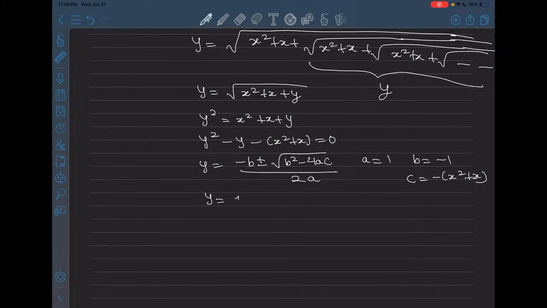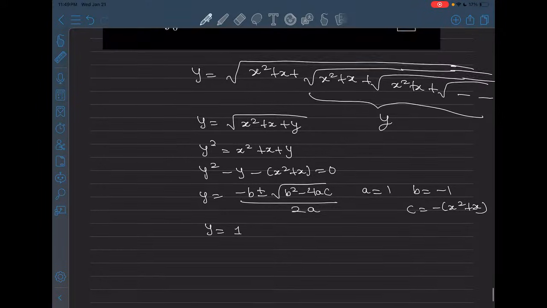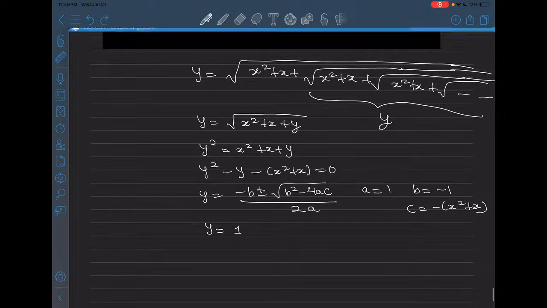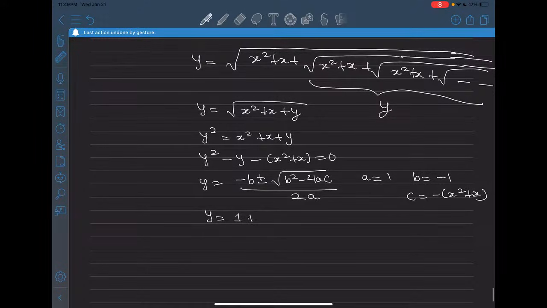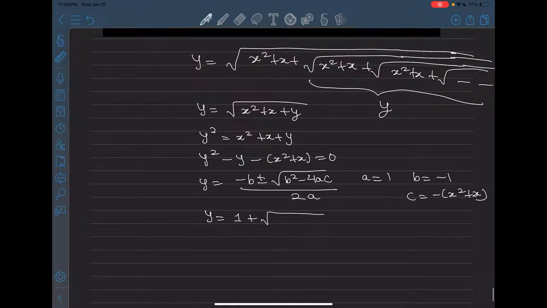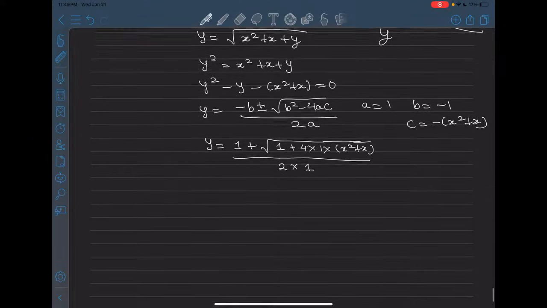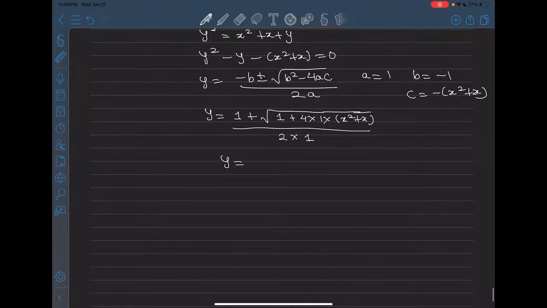So y is minus b, and I will take plus because the whole thing is positive, so I need a positive answer. So plus the square root of b square, which is 1, minus 4a c, which becomes plus 4 times (x square plus x), divided by 2 times a, which is 1. So we get the expression for y.